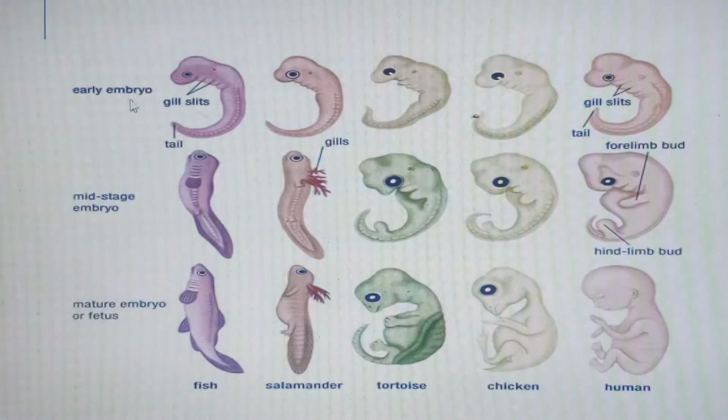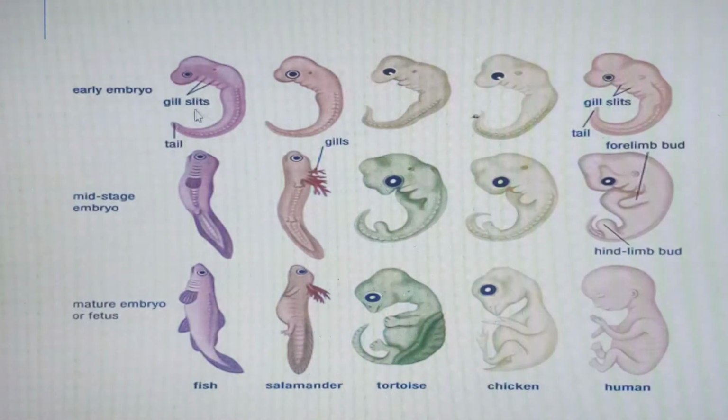For the early embryonic period, you can see that of fish, that of salamander, which is an amphibian, a tortoise, this is chicken, fowl, and this is human.